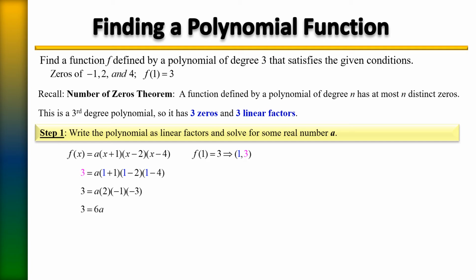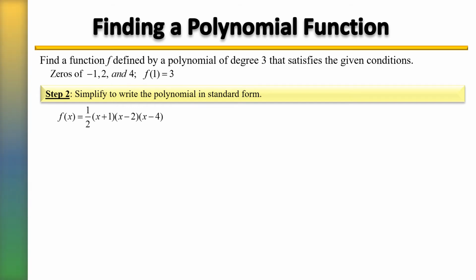Recall, whatever you do to one side, you must also do to the other. When you simplify, you will see that a equals 1/2. So now we have everything we need to put together this polynomial function of third degree. When we plug in a, this is our polynomial function in linear factorization form.